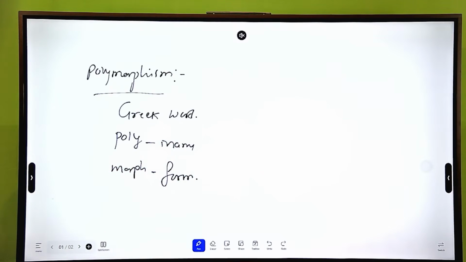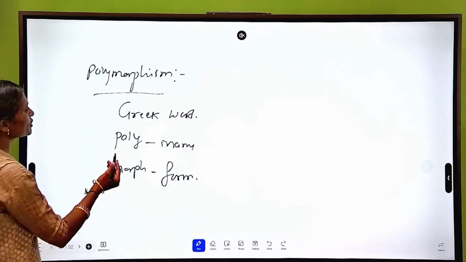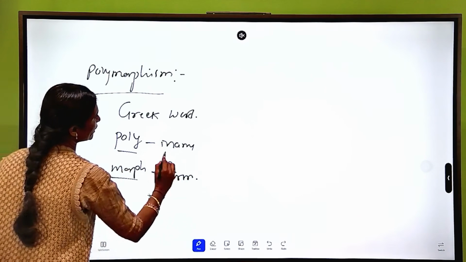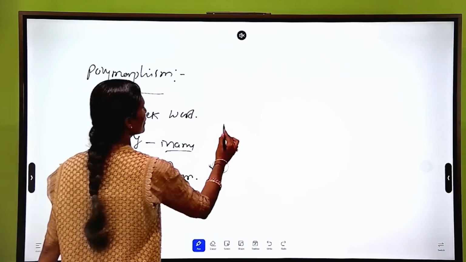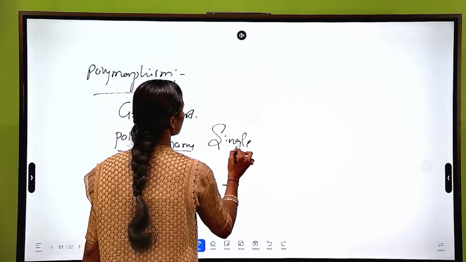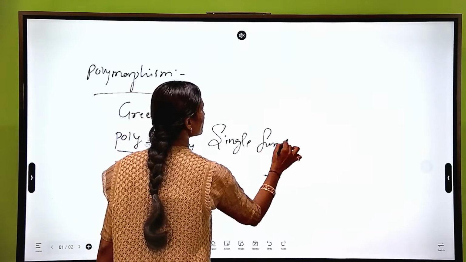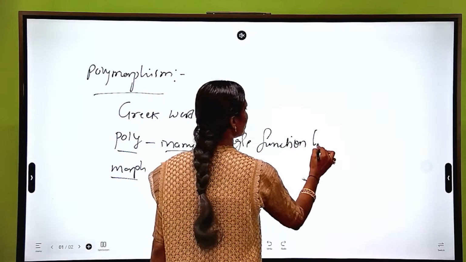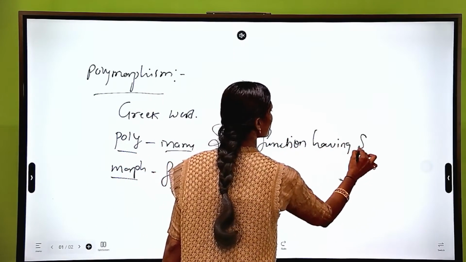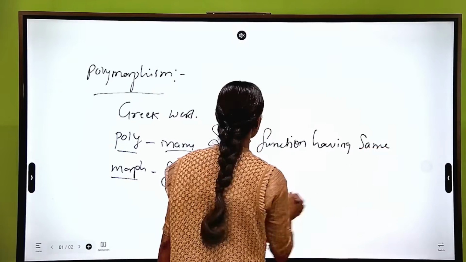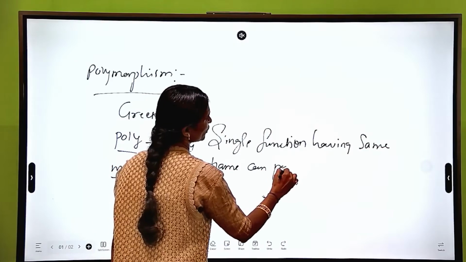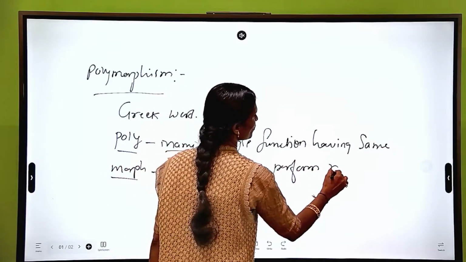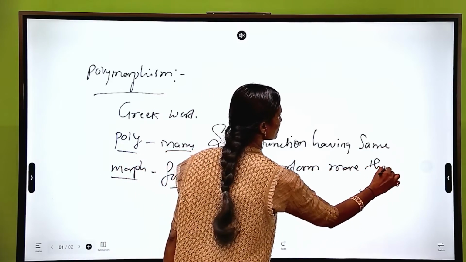So how to define this? This is again one of the concepts. Polymorphism means a single function can take more than one form. A single function having the same name can perform more than one task.